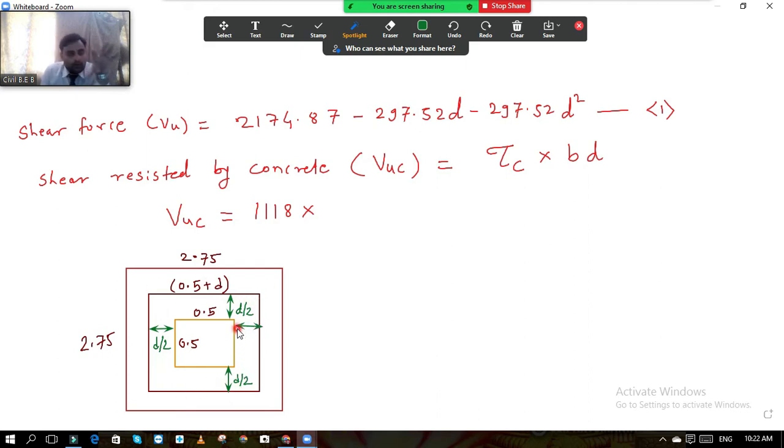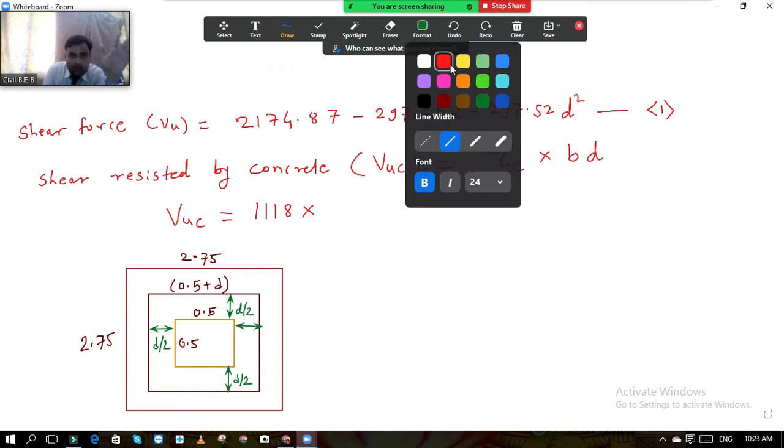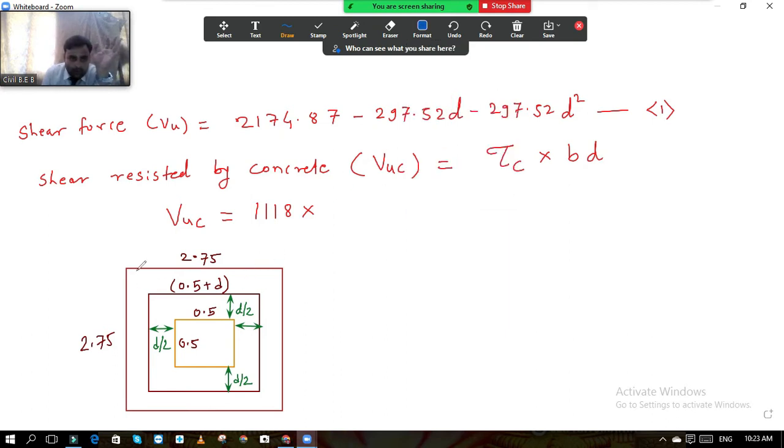If this whole area passes through the footing, which area will remain? If this total area gets punched through this whole footing, then what area will remain? The remaining area I will show you here by hatching.